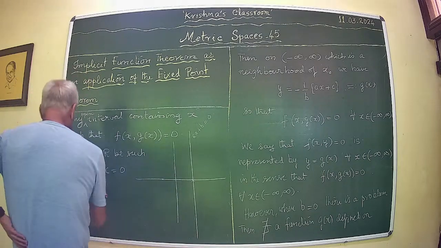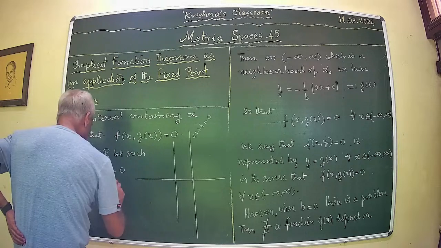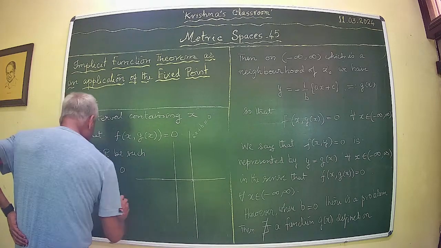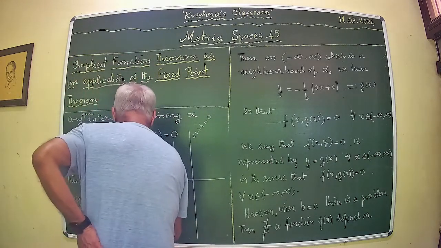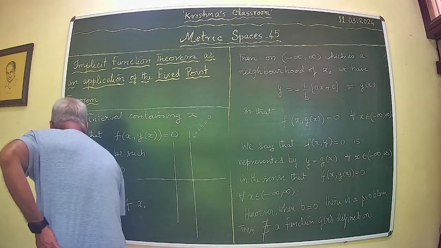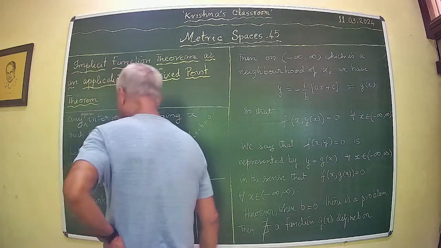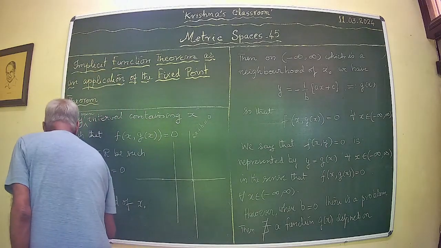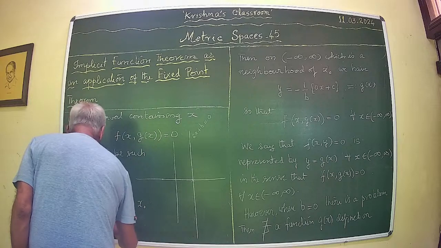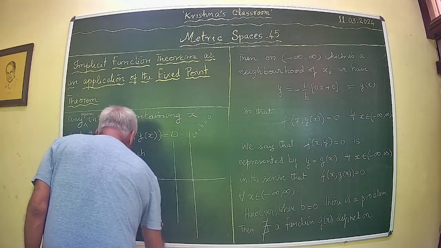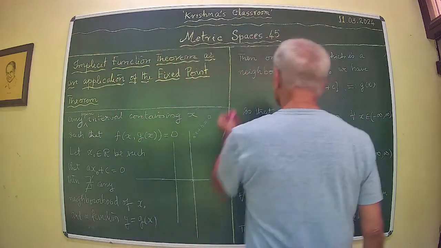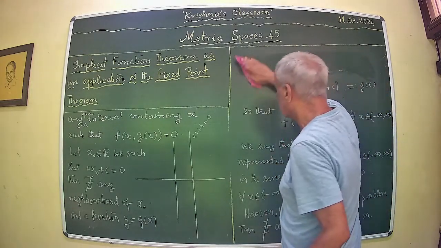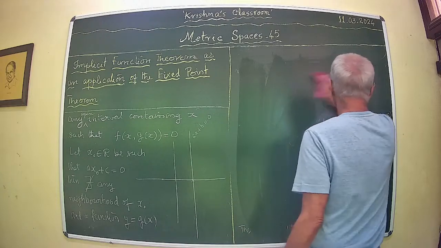Then there does not exist any neighborhood of x naught in which y equal to g of x satisfies the equation.